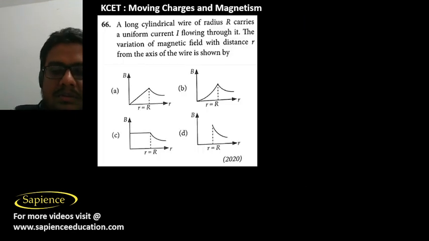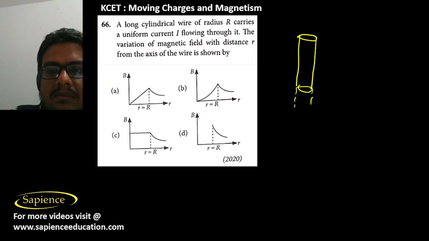And in question number 66, a cylindrical wire of radius R carries a uniform current I flowing through it. The variation of the magnetic field with distance r from the axis of the wire. So suppose a cylindrical infinite long wire is there, a very long wire.